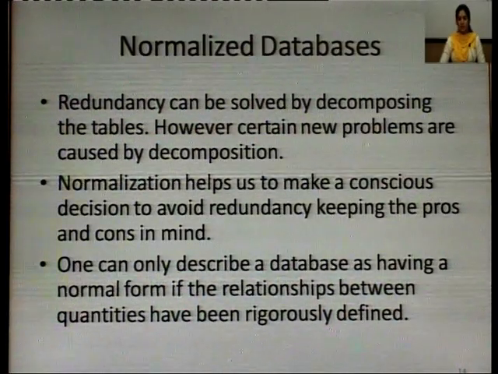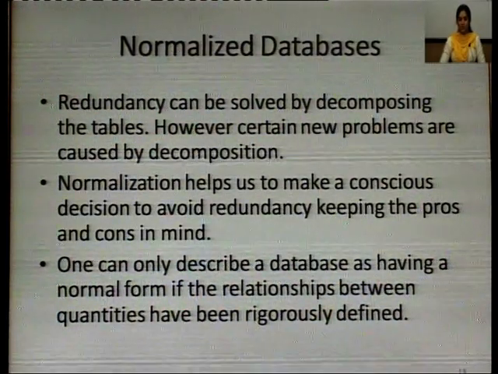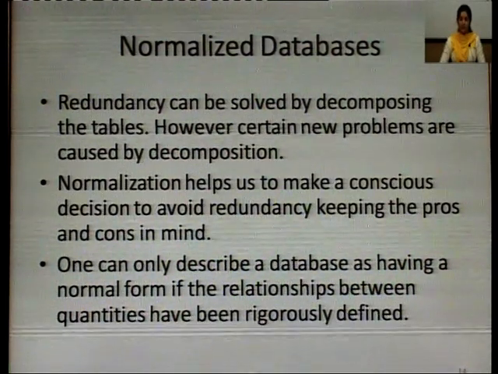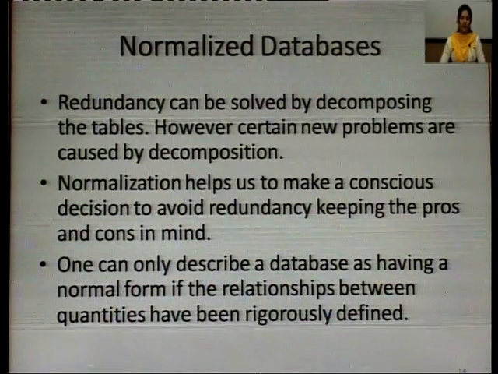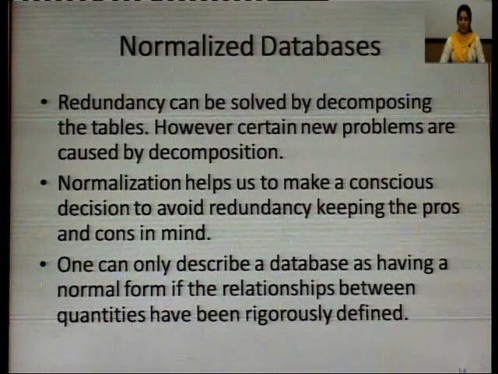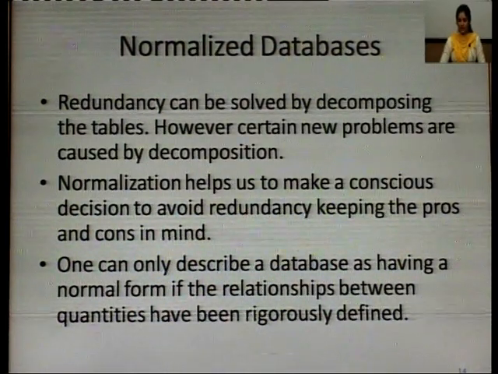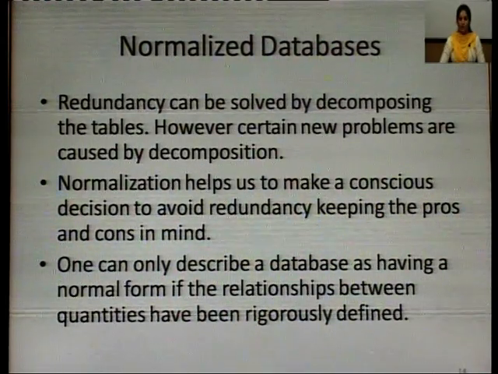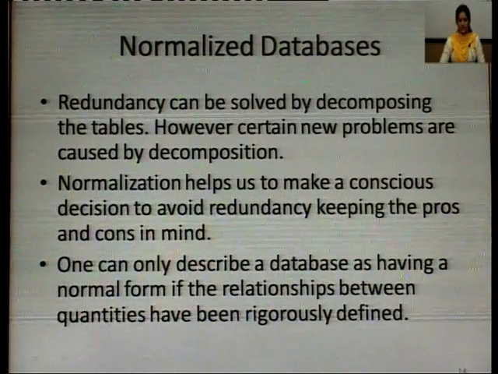Normalization helps us to make a conscious decision to avoid redundancy, keeping the pros and cons in mind. By using normalization, you can eliminate the redundancy, but you should know what the benefits and the losses of doing this decomposition are.